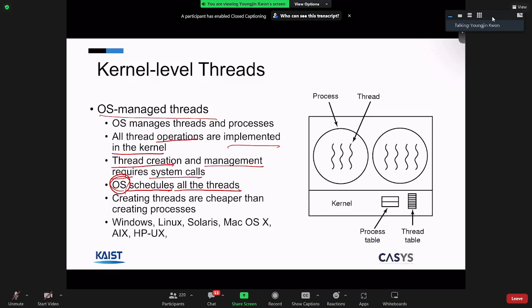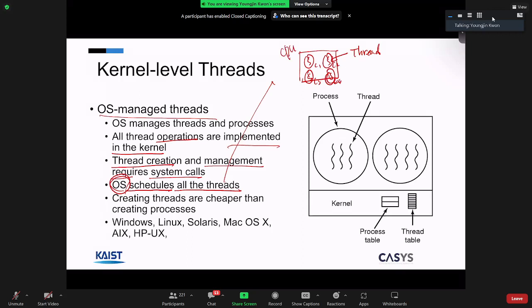Let's say this is a multi-core machine: core 1, core 2, core 3, core 4. Then each core runs a thread, so the operating system schedules this way.